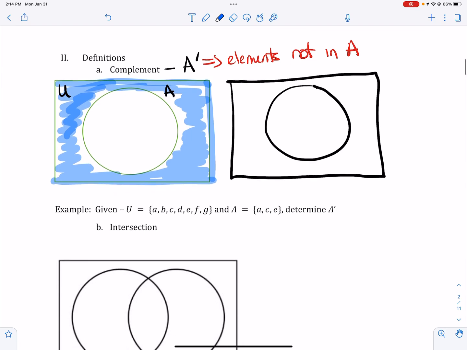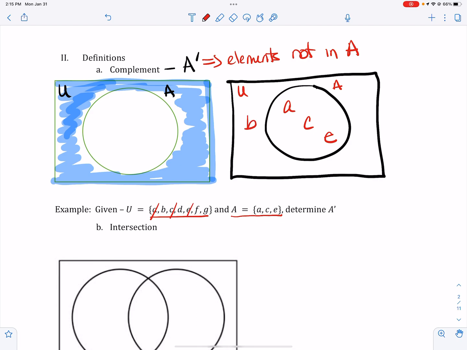So if we're given this set over here, and this is the set A, we're going to write those elements A, C, and E anywhere in that circle A. And so in the universe, I take A out because I've used that. I take C out and I take E out.